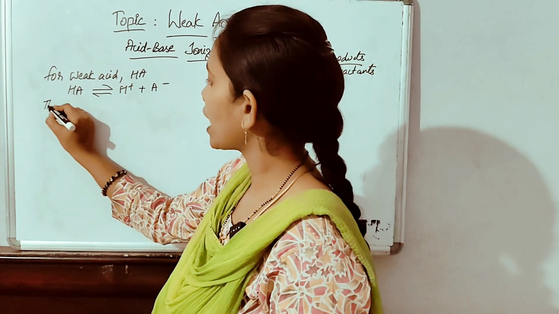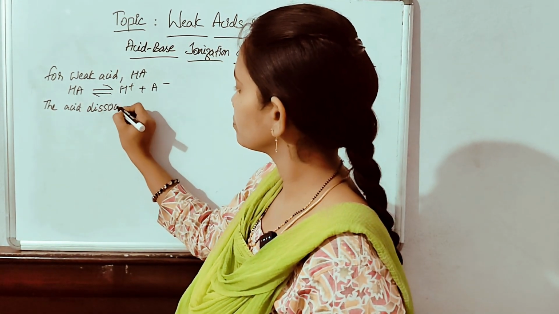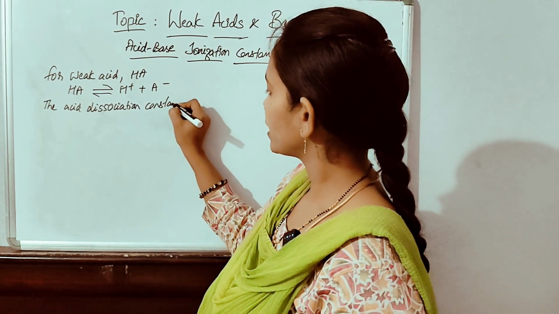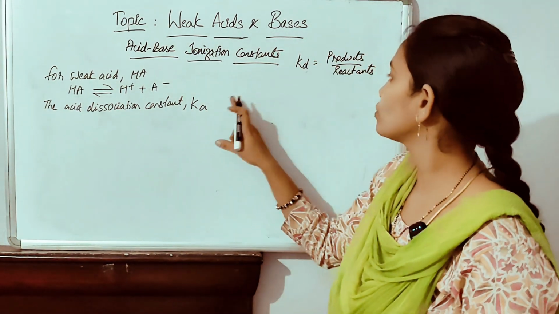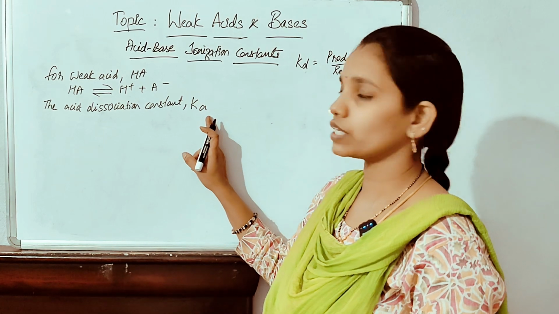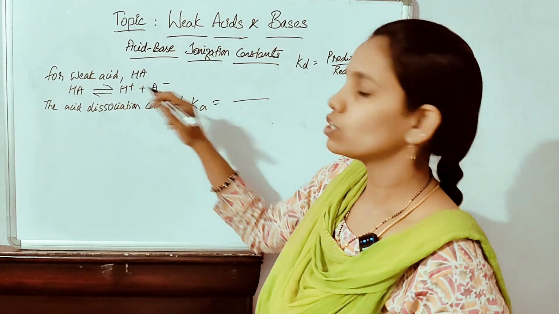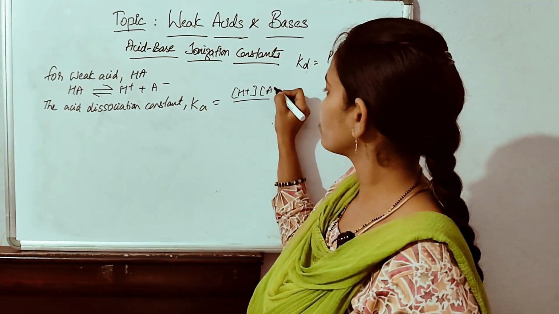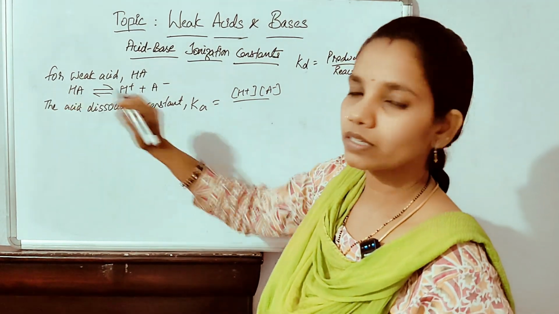So here the acid dissociation constant is denoted by letter Ka. So in place of d, we have written a. So here the acid dissociation constant is equal to products. What are products here? Concentration of H plus into concentration of A minus by reactants. What are reactants here? HA.